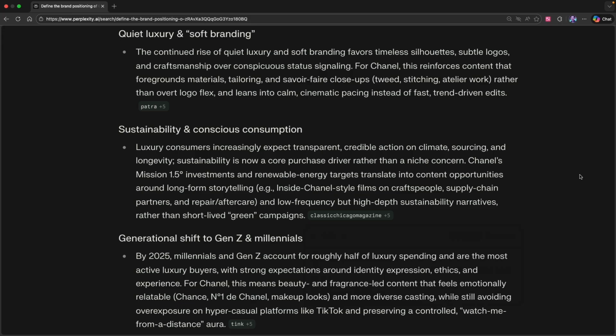Because for luxury, sustainability means longevity. It frames the purchase as an investment. So plan content that shows a bag being repaired or passed down. It proves the price tag is worth it.